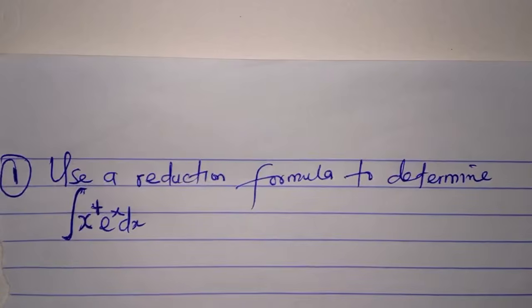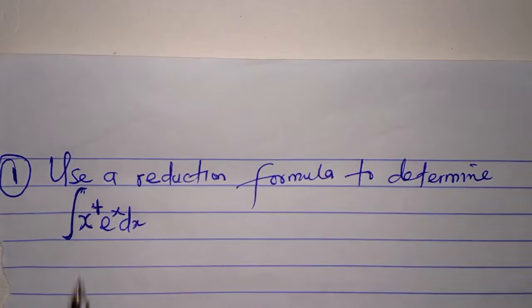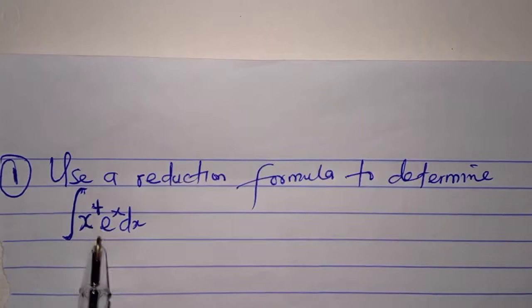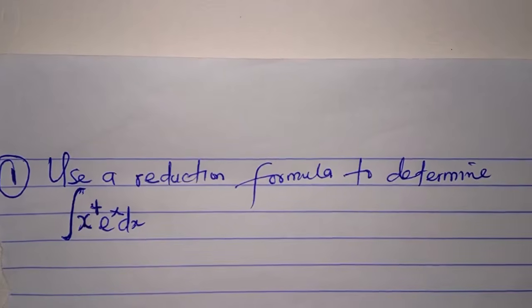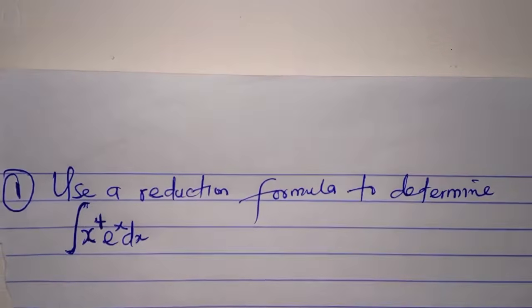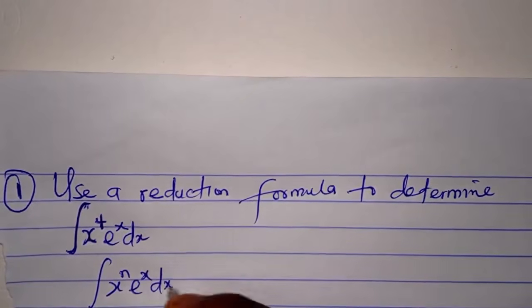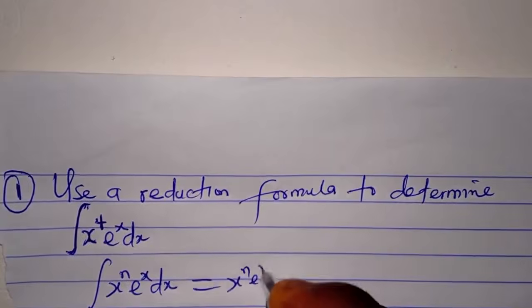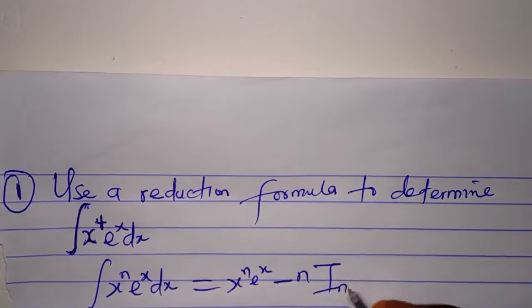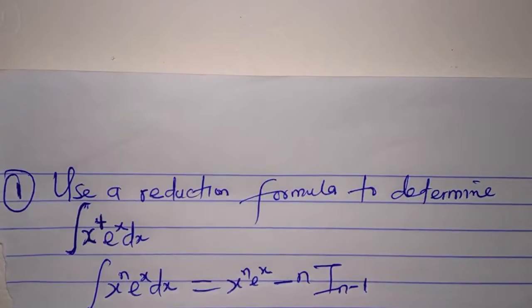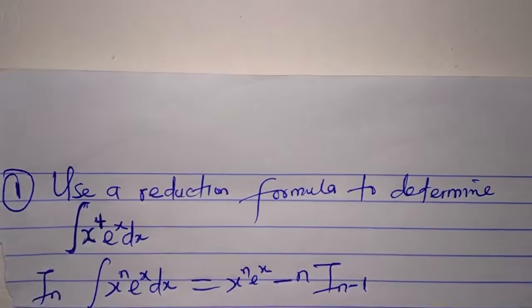Now, the first question here says, use a reduction formula to determine the integral of x to the fourth e to the power of x dx. So based on the reduction formula that we deduced earlier, the integral of x to the n e to the power of x dx is simply x to the n e to the x minus n I sub n minus 1. This is I sub n.